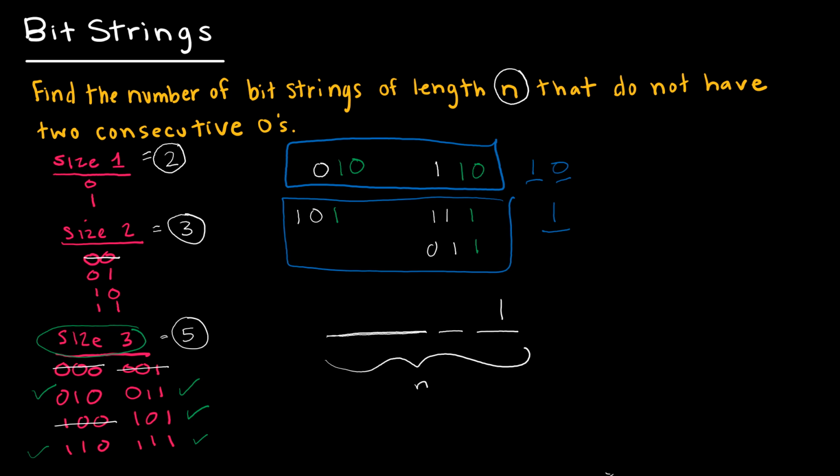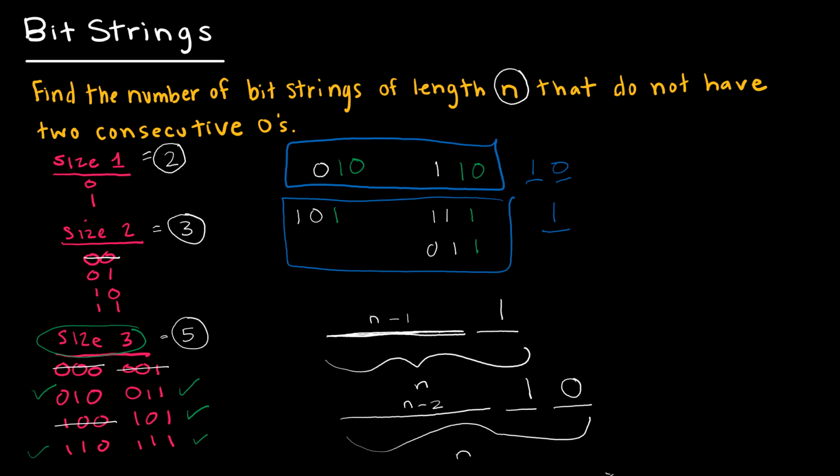So all of the values before my last value are n minus 1 values. I'm taking those and just adding a 1 to the end. And for my other situation, if the last bit is a 0, then the one before it has to be a 1. So this would be n minus 2 values. And again, that adds up to n total values.